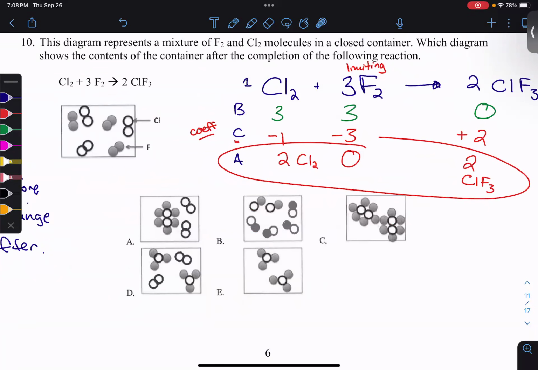They're molecules, so we should see discrete particles. All right? So which picture is the correct one? D, because that's the picture that has 2 chlorine particles and 2 separate ClF3 particles. Remember, all of these are molecules, so there should be discrete particles that you can pick out, right?